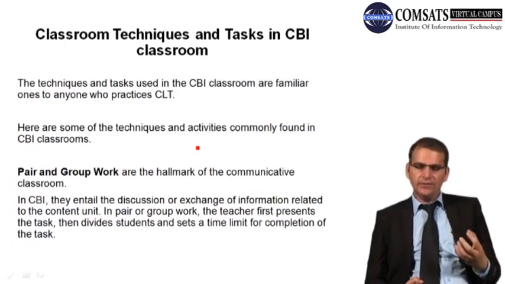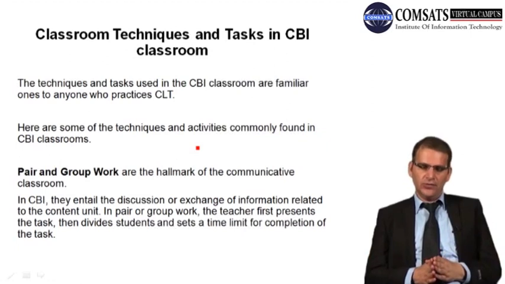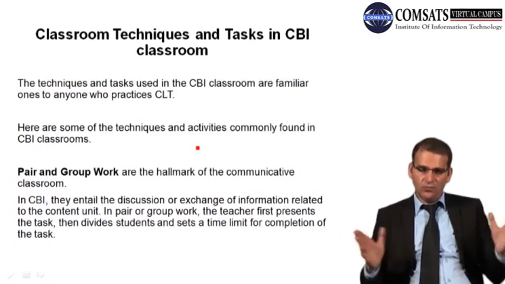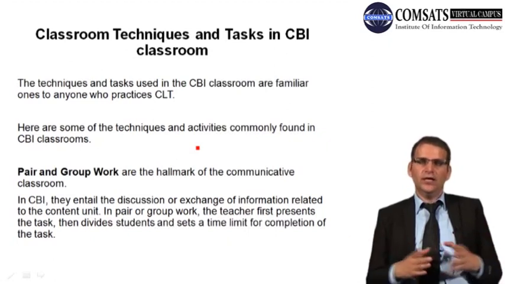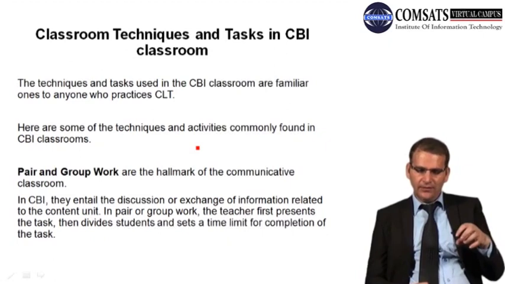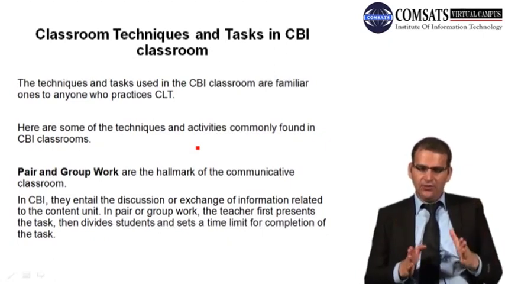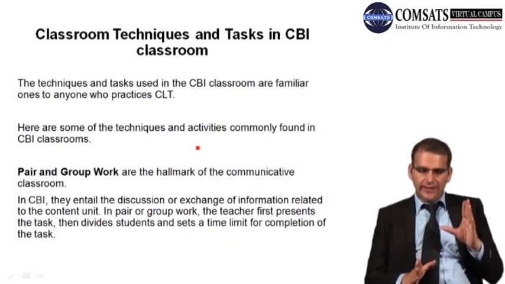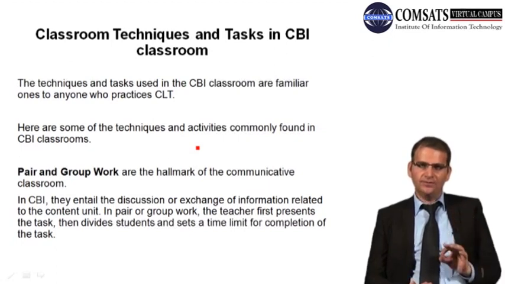Some of the techniques and activities commonly found in CBI classrooms, pair and group work, are the hallmark of the communicative language classroom. We talk about that in CLT, that there is more pair work and more group work. So in CBI, they entail the discussion or exchange of information related to the content unit.